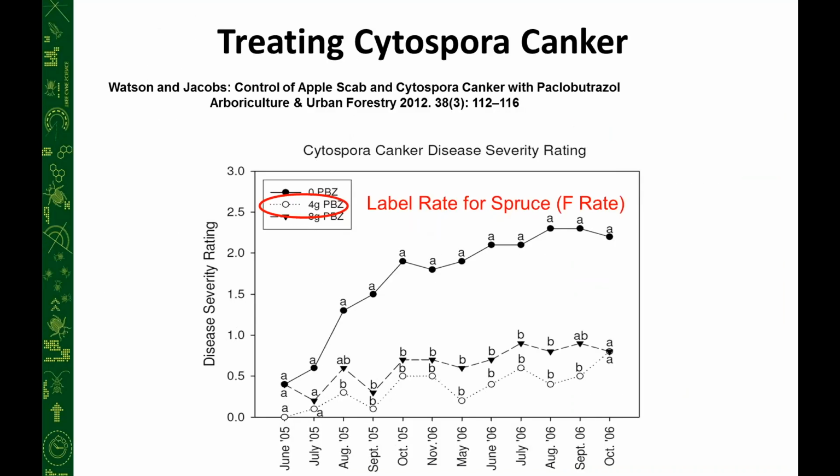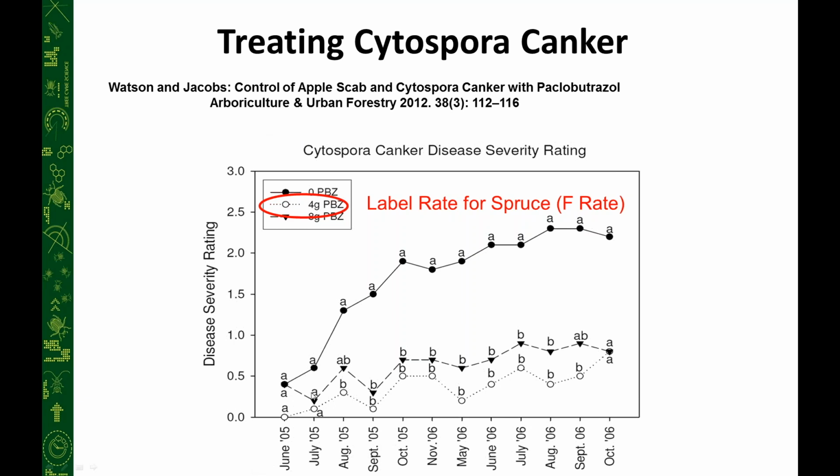And then finally, some more data from Dr. Watson, where he actually tested this theory of whether or not we can induce resistance in Cytospora Canker with blue spruce. And this was published in the Journal of Arboriculture and Urban Forestry.